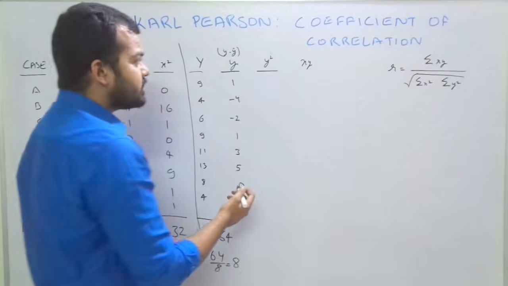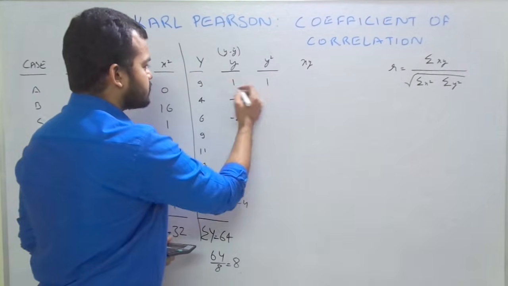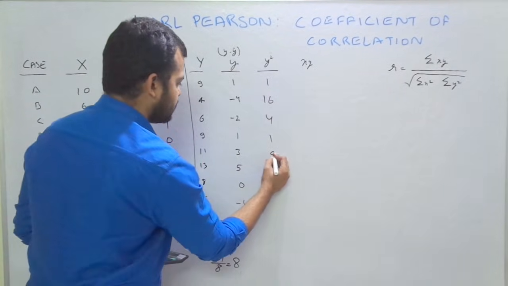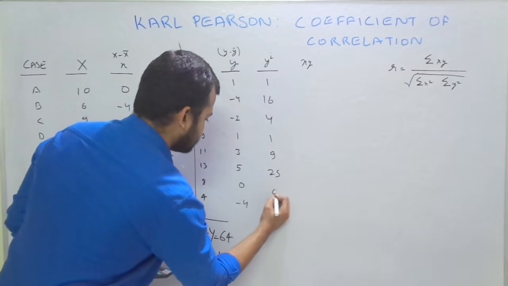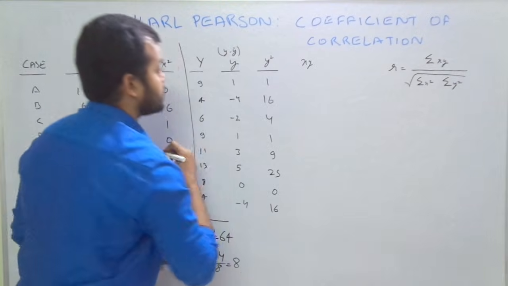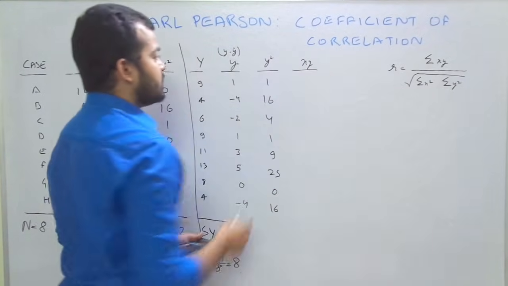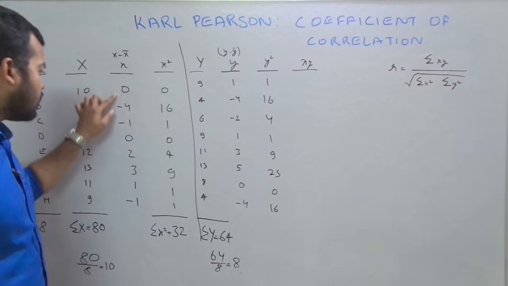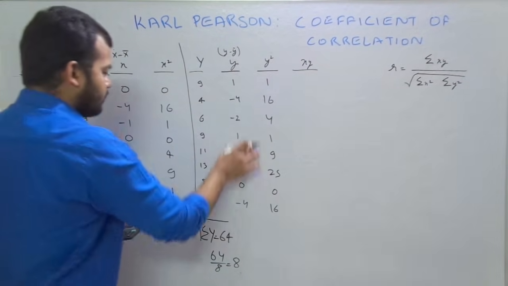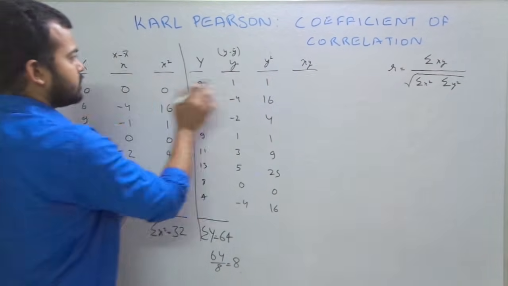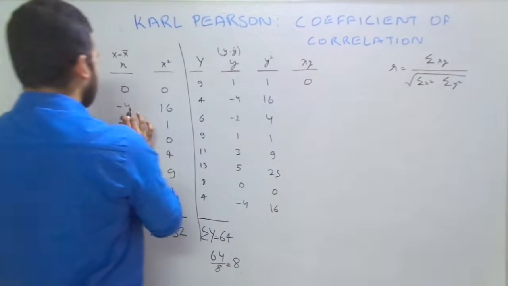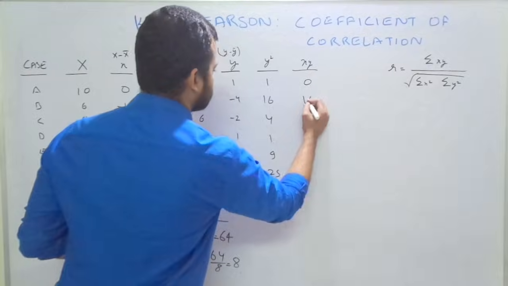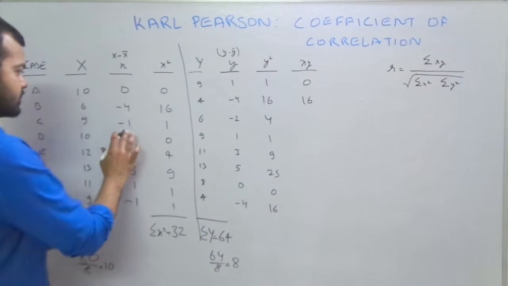Here you have to obtain the y square. So for the column: 1, 16, 4, 1, 9, 25, 0, 16. Now we have to obtain the last column, that is x into y. This is the column of x and this is the column of y. So 0 into 1, that is 0. Minus 4 into minus 4 is 16, positive because two negative signs become positive.